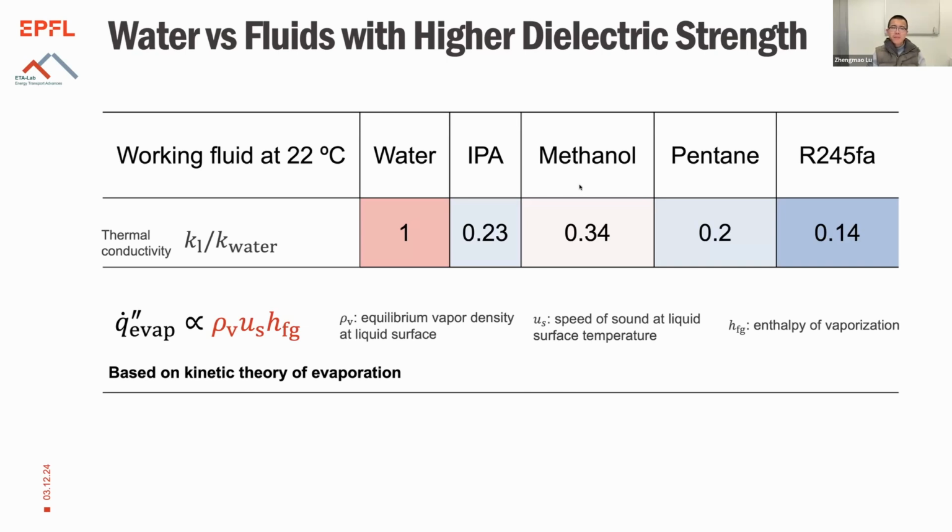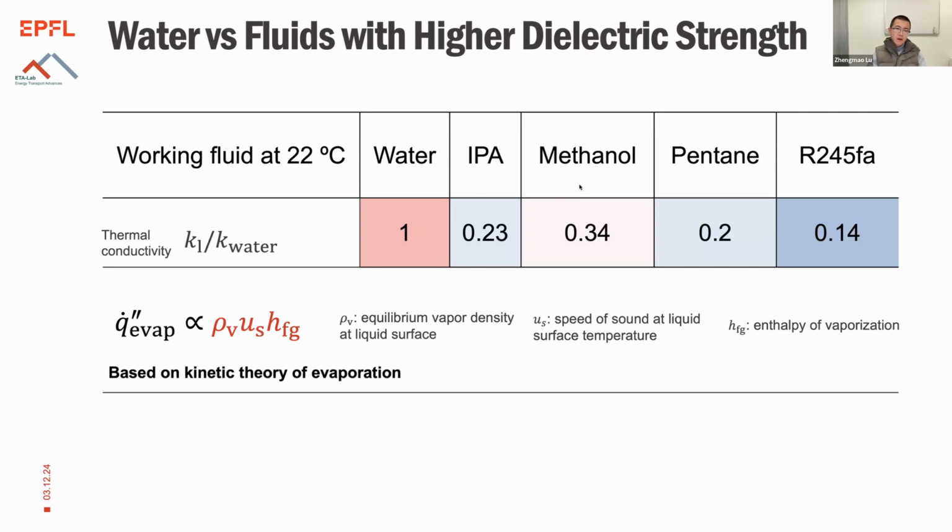And this ends up being the product, as I'm showing here in red, of the equilibrium vapor density at the liquid surface, the speed of sound at the liquid surface, and the enthalpy of vaporization. So this is almost like ejecting liquid into vacuum at the speed of sound. And the product gives you the unit of watts per meter squared, the unit of heat flux.